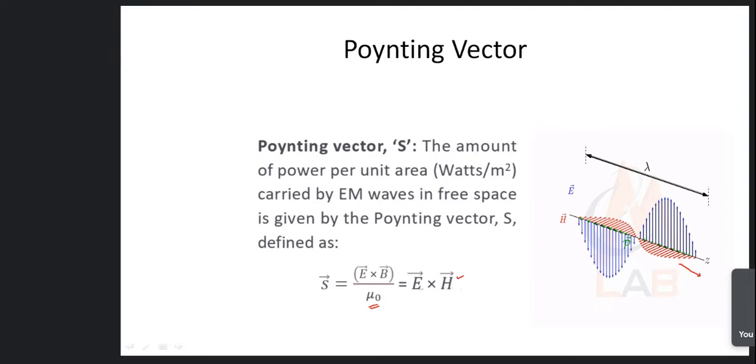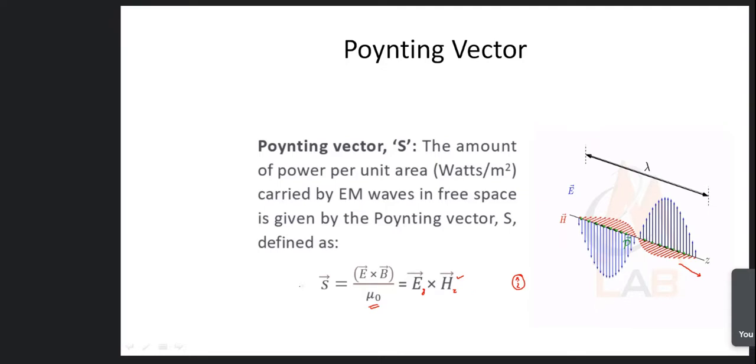If this is the Y component of the electric field and this is the Z component, then this cross product will give you the direction of the Poynting vector, which is along the positive X direction.